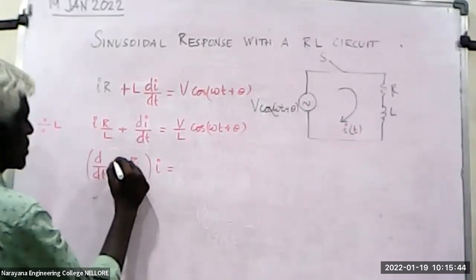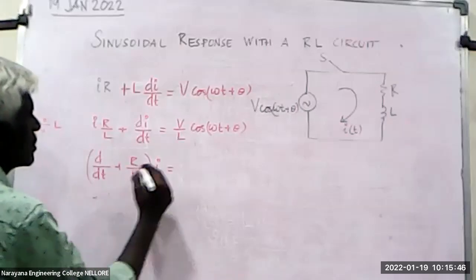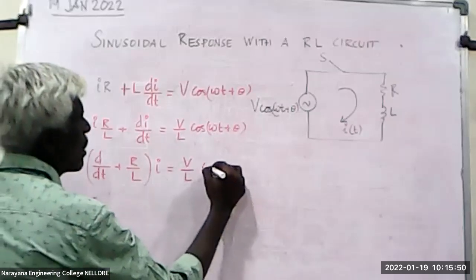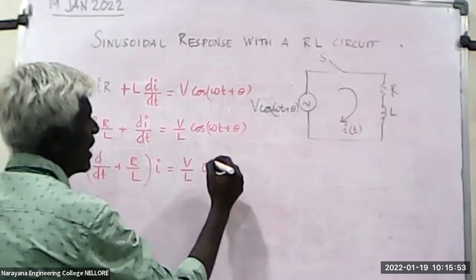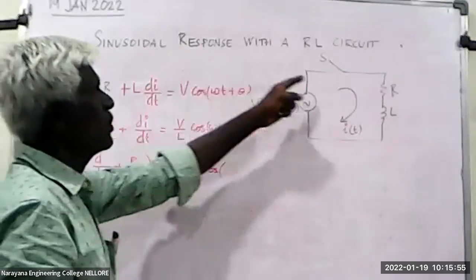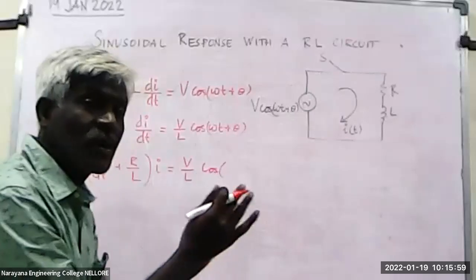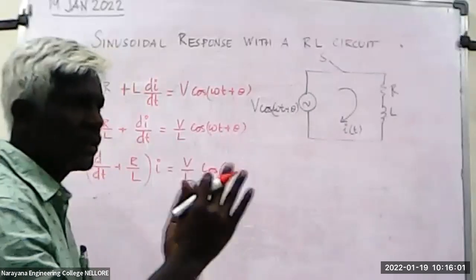It is a first order differential equation. So we are going to find the solution of this one, and from the solution we can find how a sinusoidal input to an RL circuit will behave. Transient part and steady state part, we will find them out.